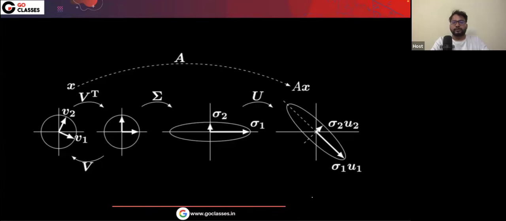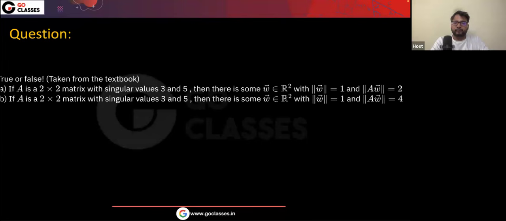What this A is doing. Now let me tell you a little bit more. Suppose there is some sigma 1, sigma 2. Let me ask you, what happens if you multiply any vector, let's suppose w1, w2, with this sigma 1, sigma 2?